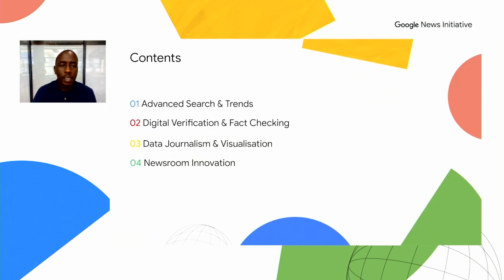We now look at the curriculum and what the Google News Lab offers in terms of training. One of the tracks that we offer is Google Advanced Search and Trends, and this session will equip journalists with practical research tips with examples of how to effectively use Google Advanced Search and search modifiers.